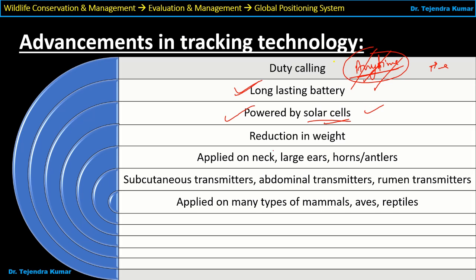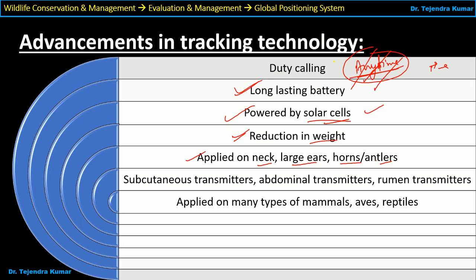Reduction in weight, because the large and heavy materials were causing inconvenience to the animals. That's why the weight is also reduced. It can be applied on the neck, large ears, horns, antlers, so that they do not feel the neck heavy. Also, whenever they are growing, likewise, we have placed it on the infant, but now they are growing.